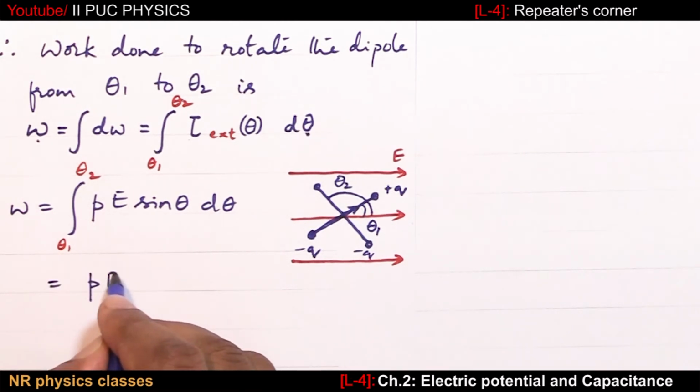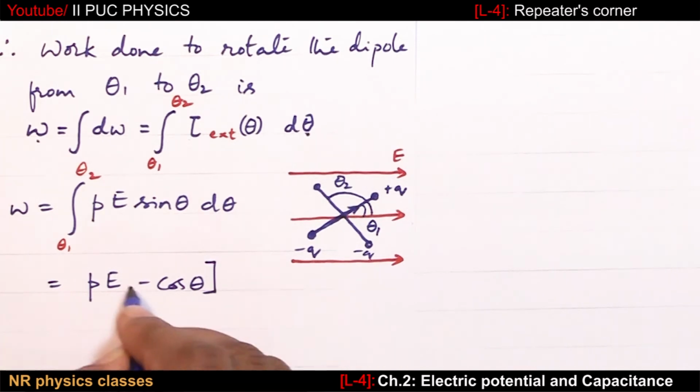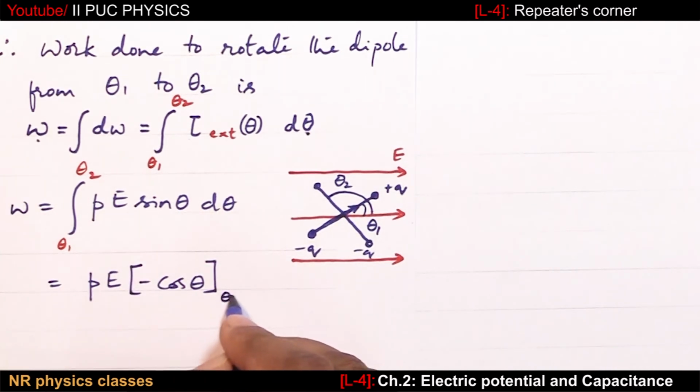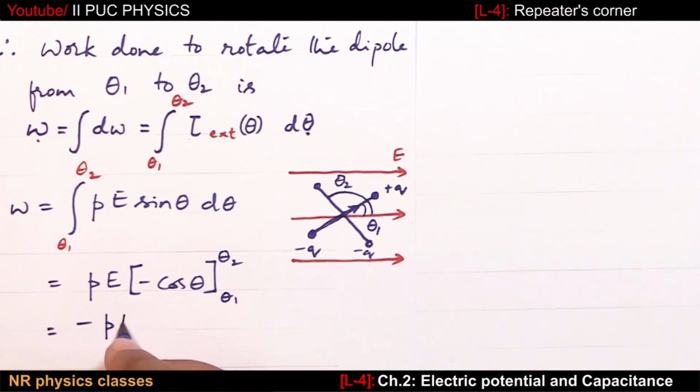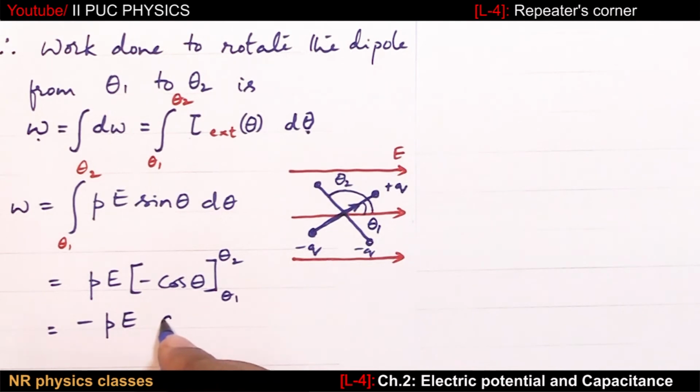P E minus cos theta, limits are from theta 1 to theta 2. Take minus sign outside, minus PE, give upper limit cos theta 2 minus lower limit cos theta 1. So this is the total work done.